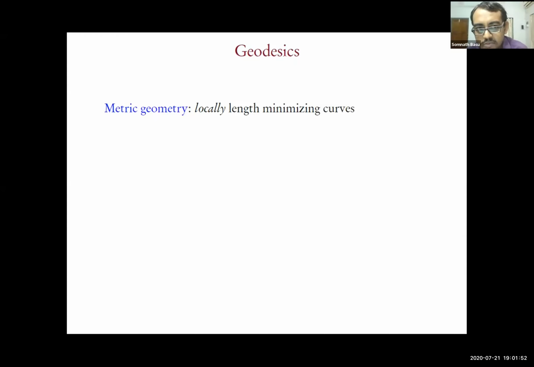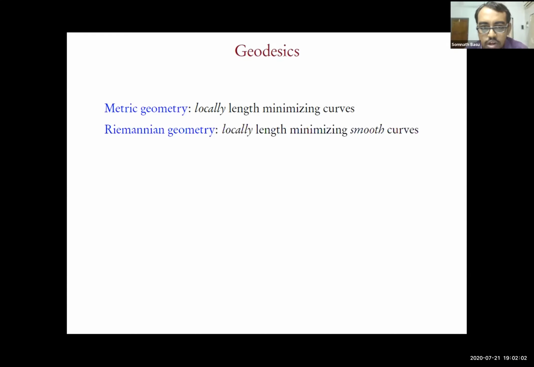Well, in the context of metric spaces or metric geometry, these are what are called locally length minimizing curves. Okay, since we are going to be interested only in the Riemannian context, what does it mean in Riemannian geometry? Well, informally, these are locally everywhere length minimizing smooth curves.